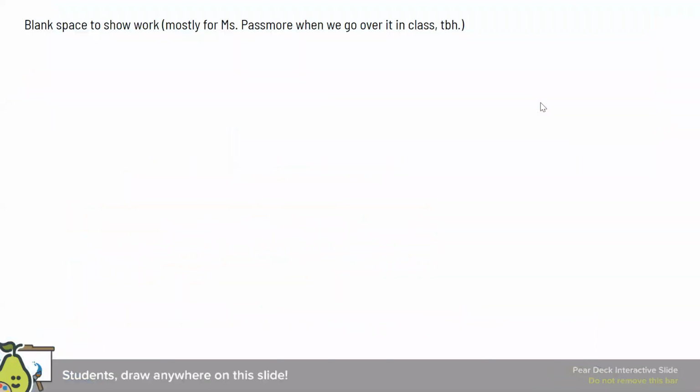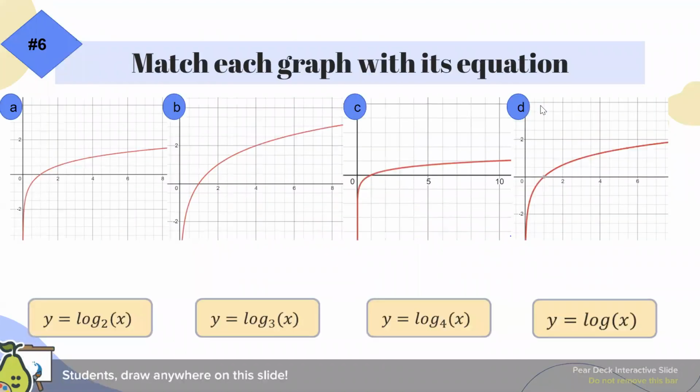Okay, let's see. Match each graph with its equation. So what we want to do here is, I've got log base 2, log base 3, log base 4, log base x, and we want to look for some key points on all of our graphs. So some of us might say, let's look at the only x-intercept.